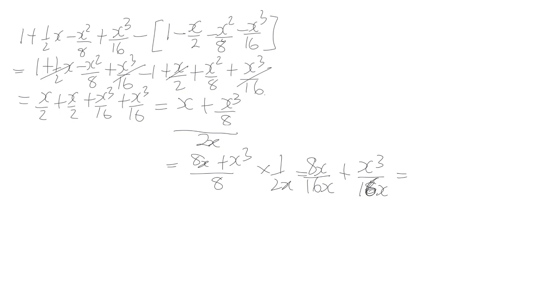Yeah, because you have to make the denominator the same. So that will leave me with 8x over 16x, which is half, and then that gives us x squared over 16. Okay, so that's it. So half plus x squared over 16.